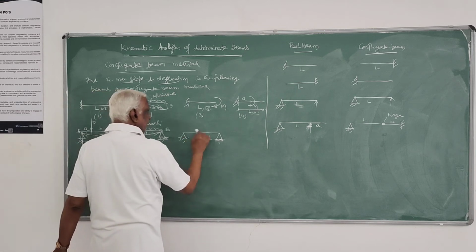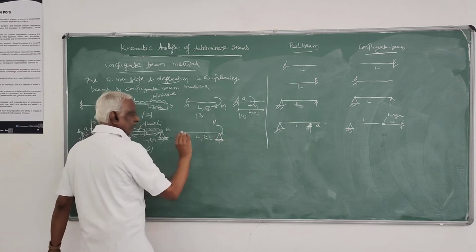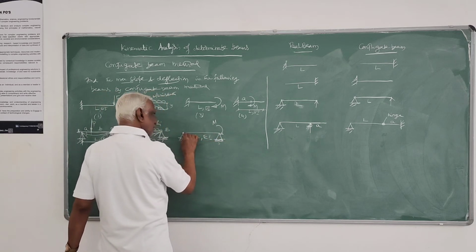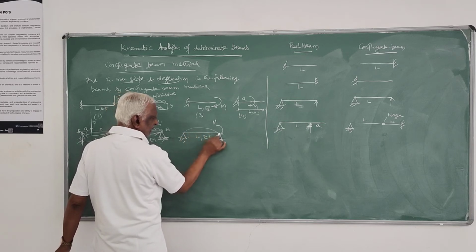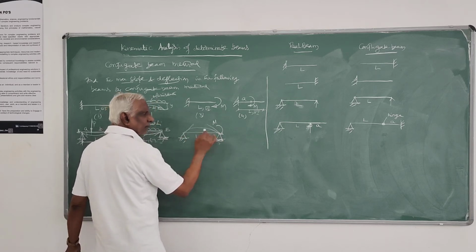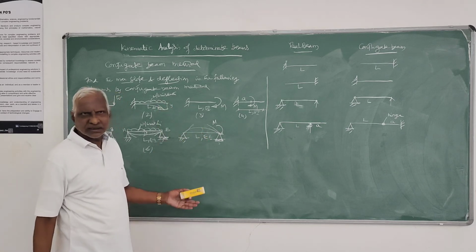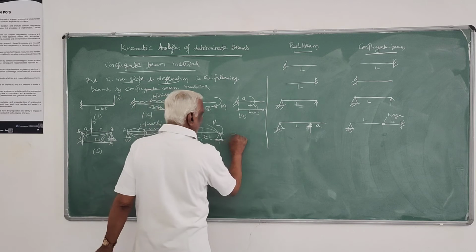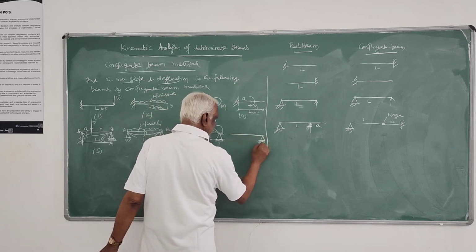So here you take a moment M. Here also, naturally when the applied moment is like that, it will deflect like that, maximum slope will be at the center, deflection will be at the center. So you can take this.